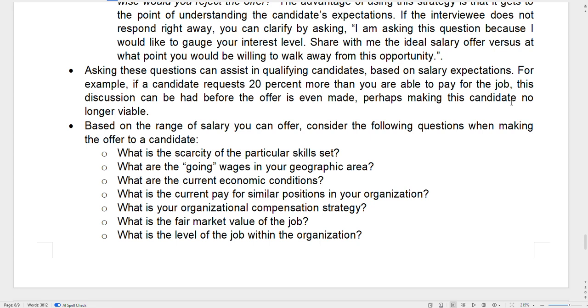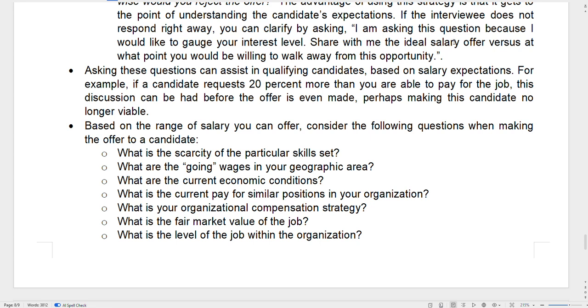Yan. So ito naman, based on the range of salary you can offer, consider the following questions when making the offer to a candidate. Okay. So what is the scarcity of particular skill sets?